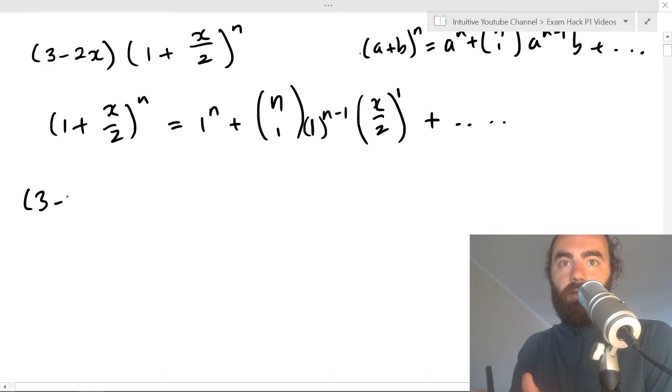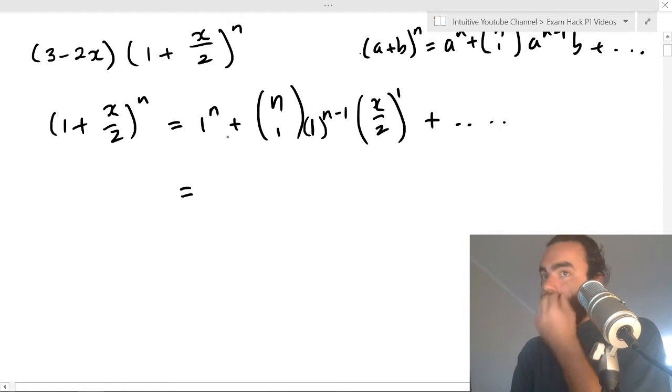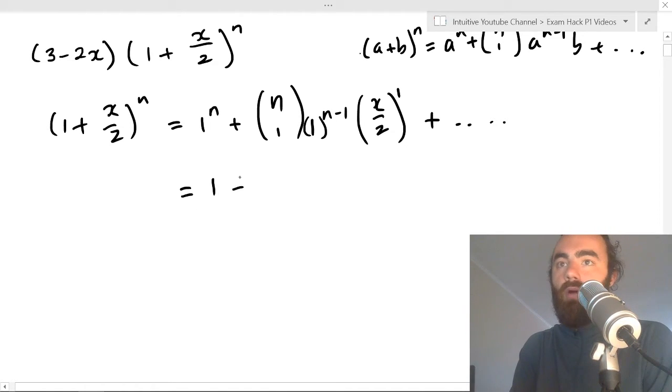Actually, first we can simplify this. So 1 to the power of n, that means 1 to the power of some number which we're trying to find, is 1 no matter what. And this is nC1, which is actually n.